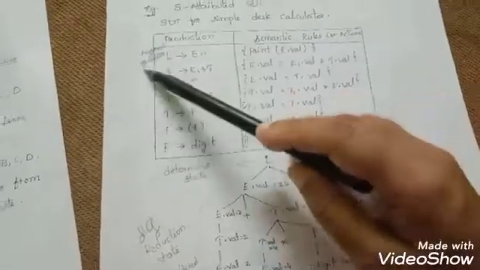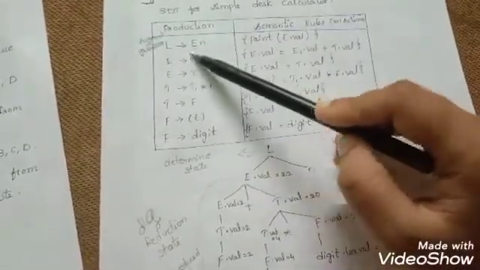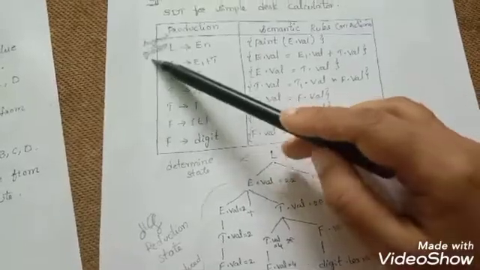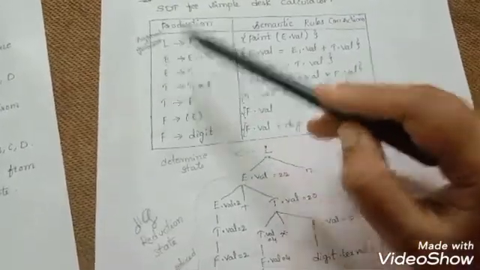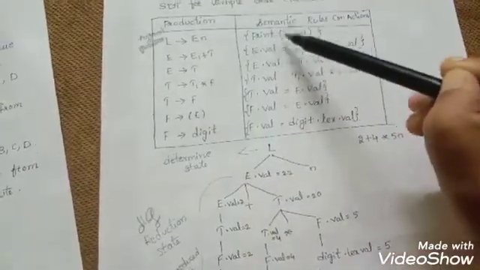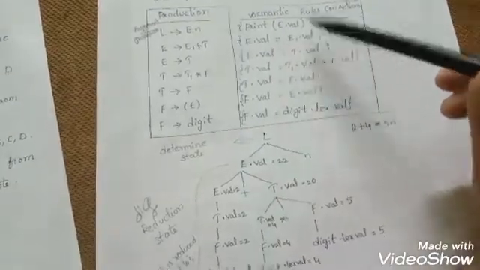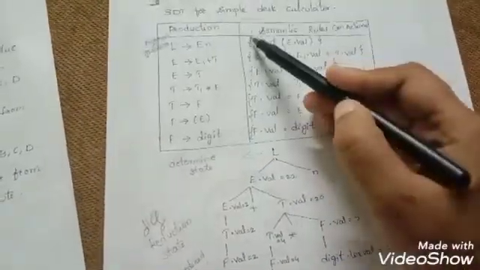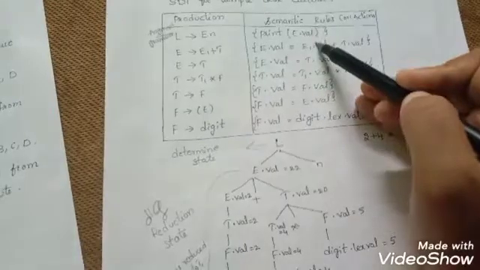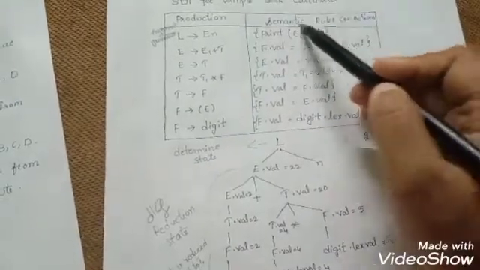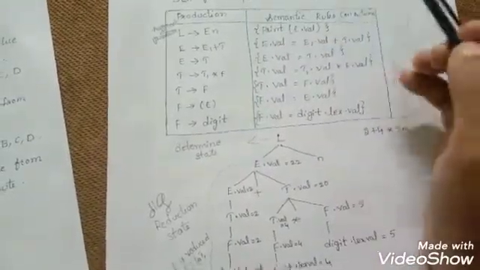Here L tends to E n is the augmented grammar, and the semantic rule for this is print E.val. I told you that semantic rules should always be written in curly braces. These semantic rules are nothing but the actions.